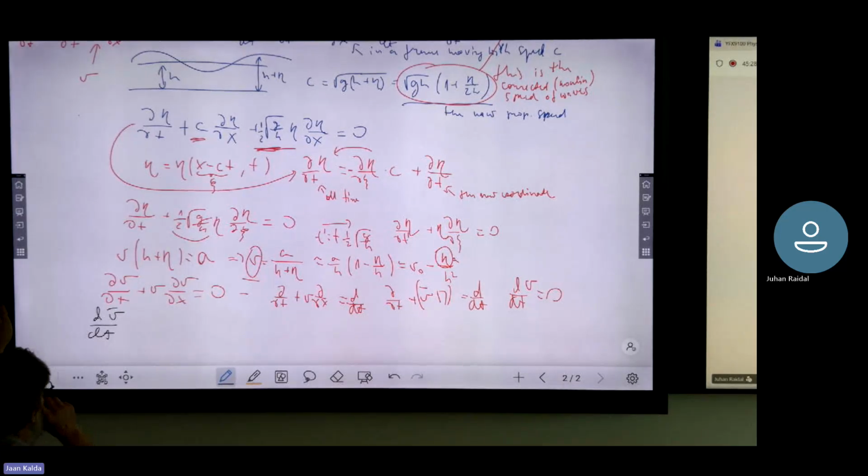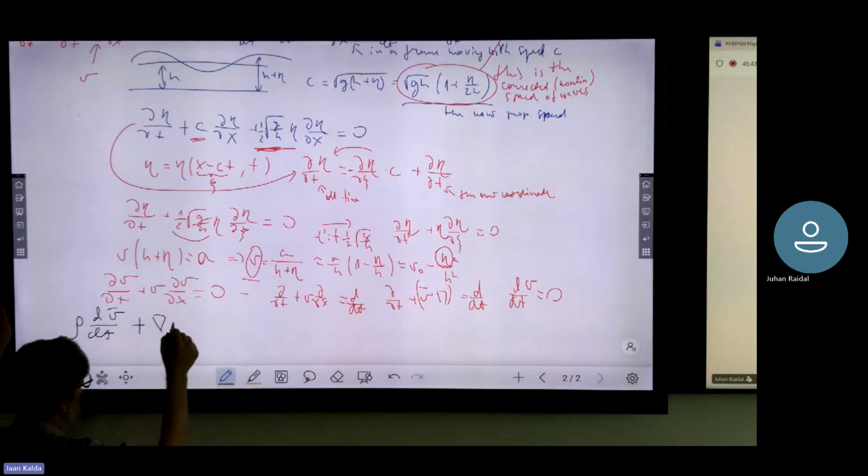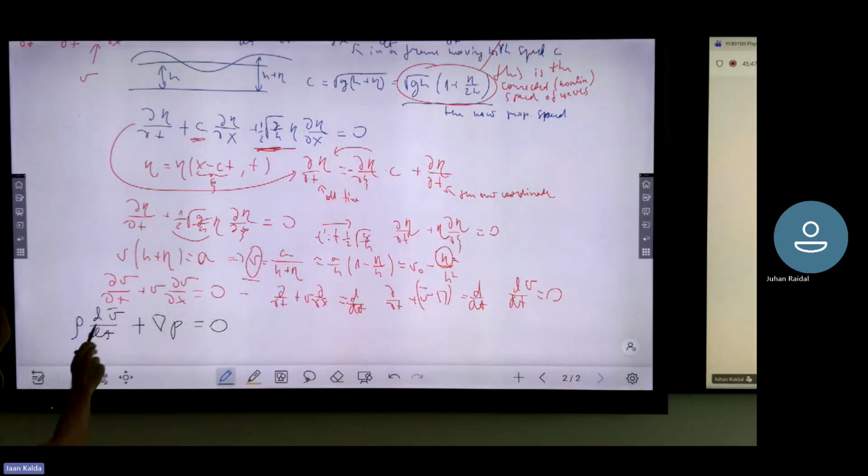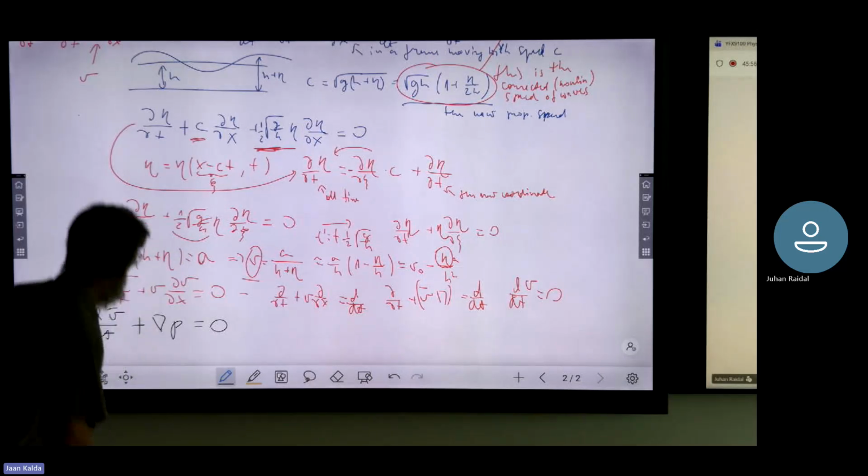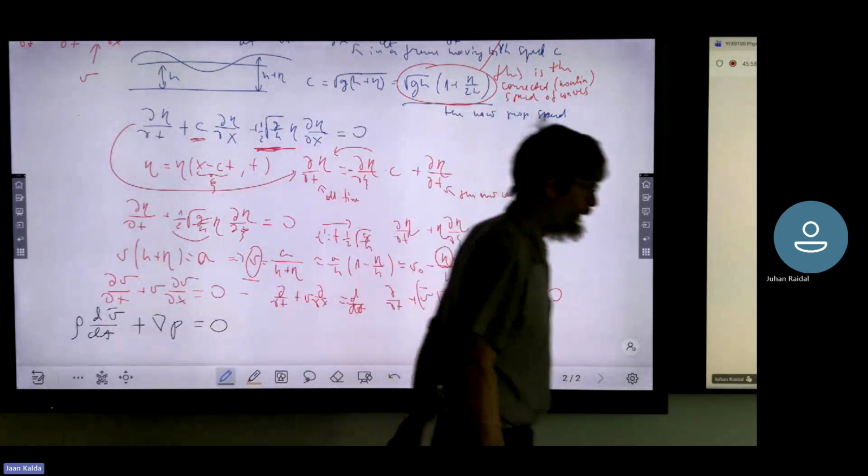Now, times rho, this is now Newton's second law. And this becomes volume, this must be equal to force per volume, that is gradient of pressure, equal to zero. So this means that acceleration of a particle is given by pressure gradient. Very simple equation. And right now here we have the full derivative of a particle.